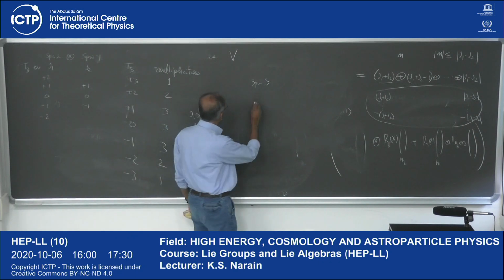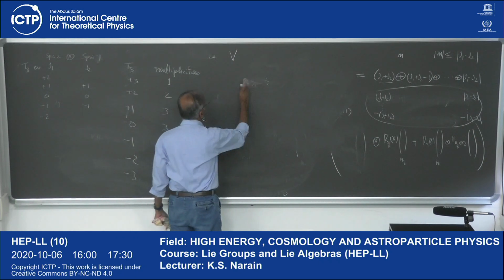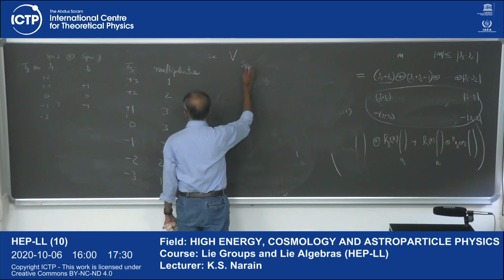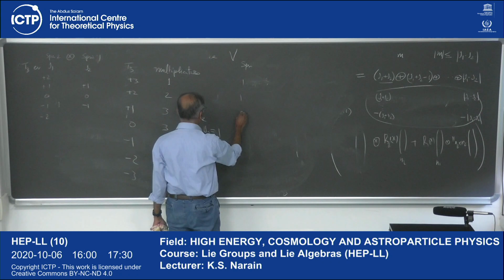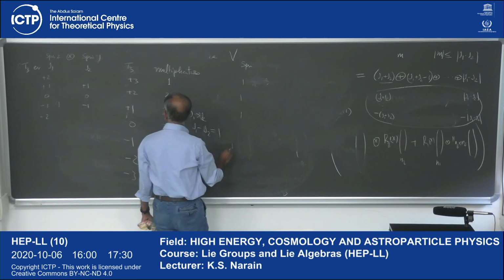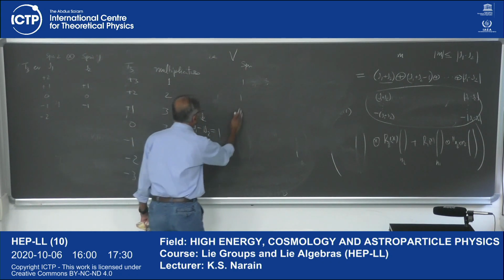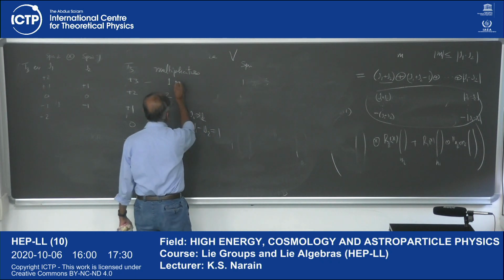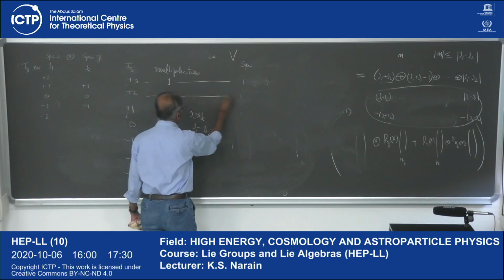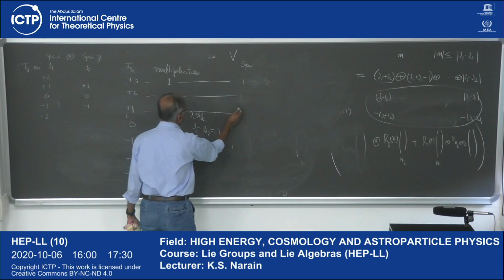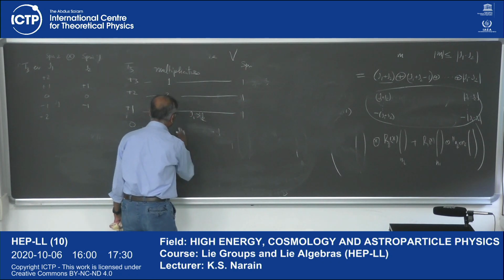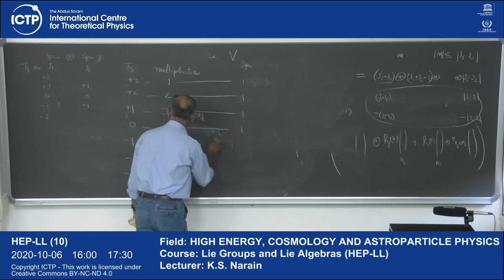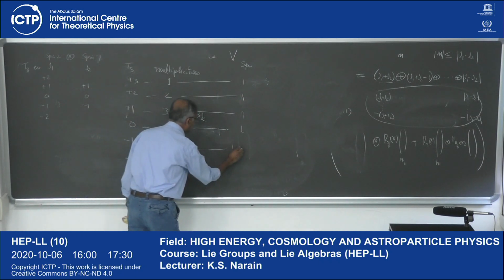How many states does it have? Again, write down the multiplicity: for spin 3 it will be 1 for each value, everything is 1. Here I'm just drawing a horizontal line so that I write in the right place.